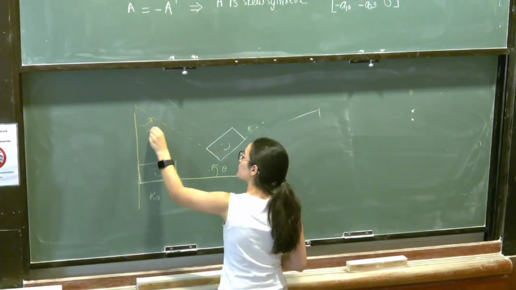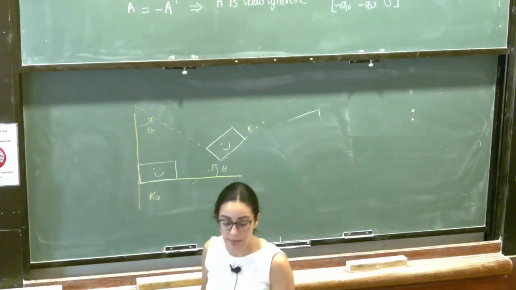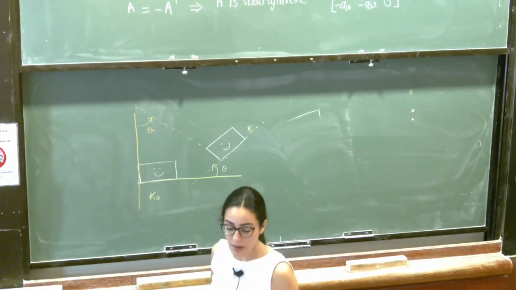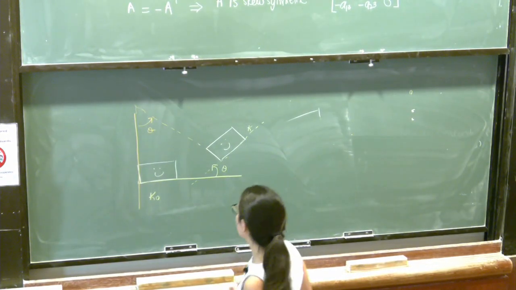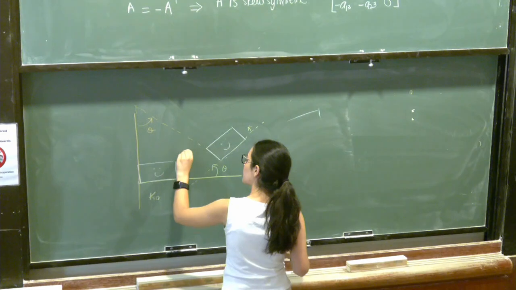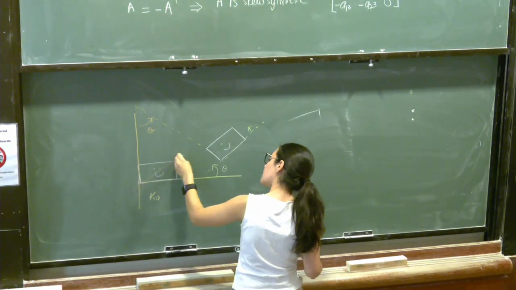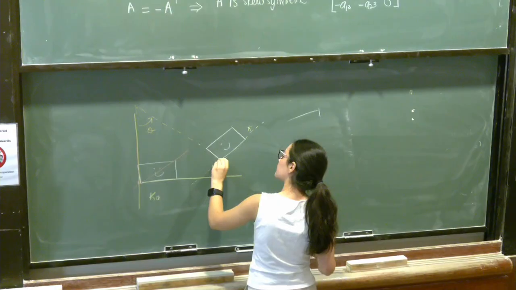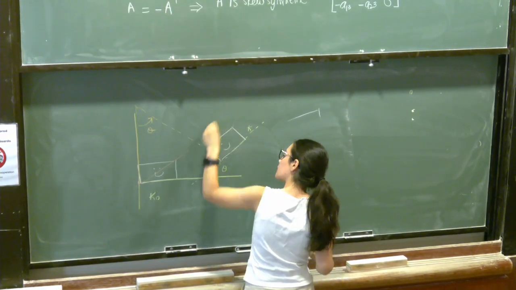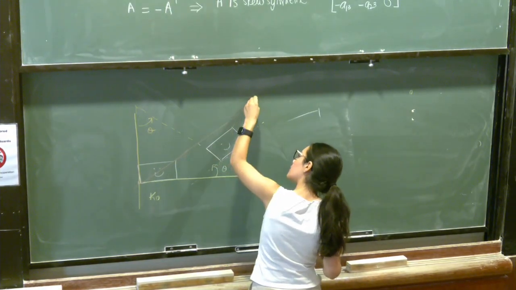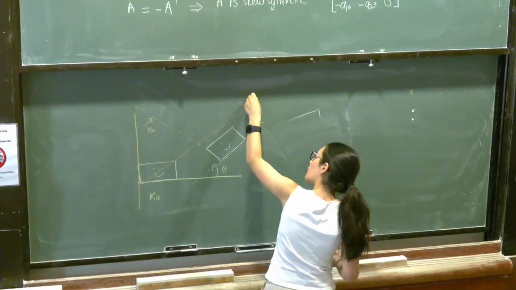It's also going to be theta. And it's going to be the same for any other material line of the rigid body. So if I think of this line and this line, also theta.